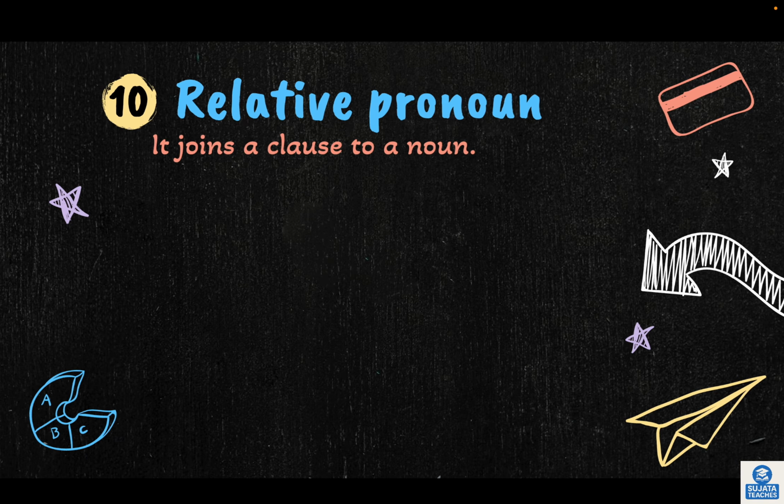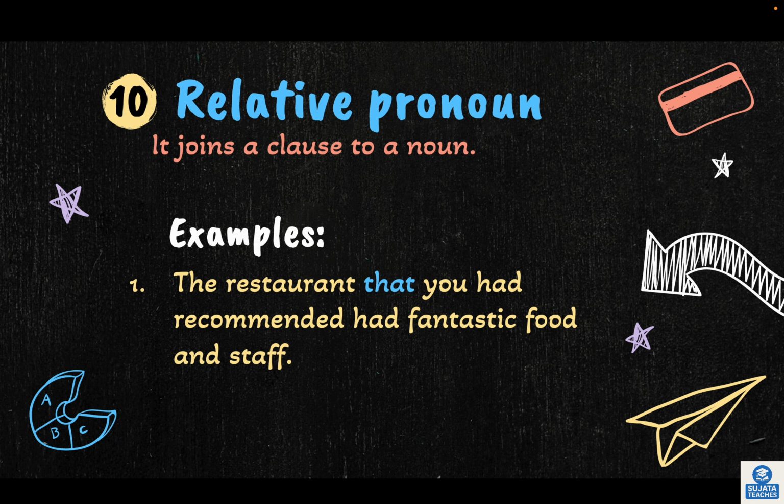And the last is relative pronoun. It joins a clause to a noun. Examples: the restaurant that you had recommended had fantastic food and staff. So in relative pronoun, it joins a clause to a noun, meaning the dependent clause that you can see, you had recommended had fantastic food and staff, is what is describing the restaurant.